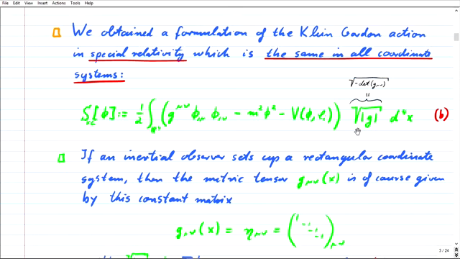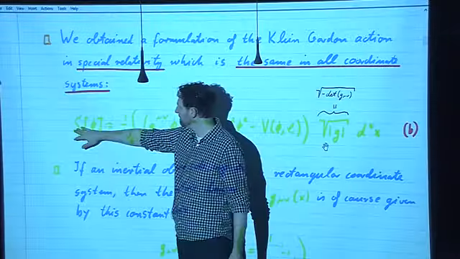Then we showed that no matter which coordinate system you choose, you always get the same value for the action. So if you take a scalar field, phi of x and t, you plug it into this expression, you get out a number, the action for that field.